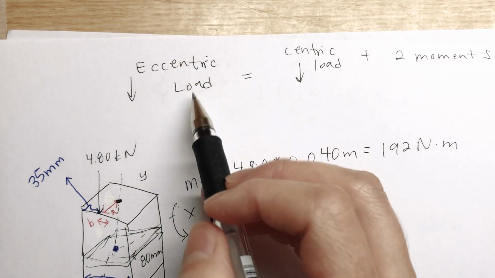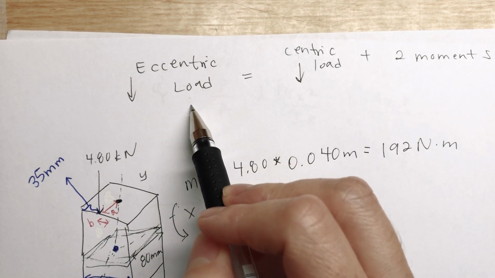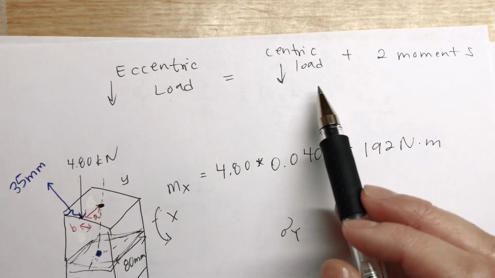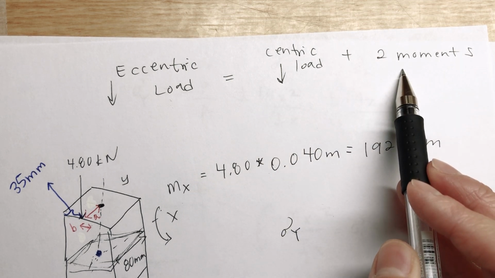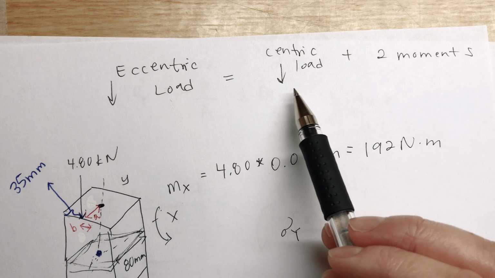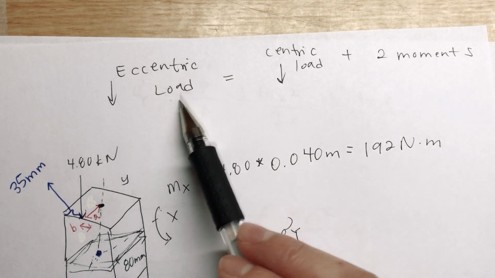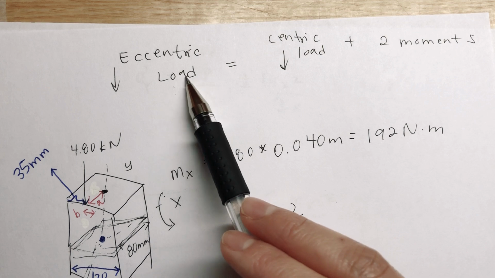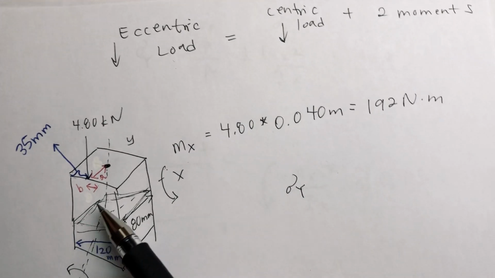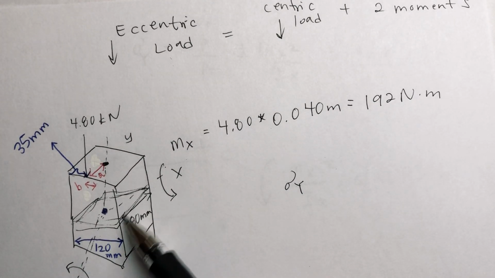We can't really find eccentric load directly on its own, so we know how to find a centric load and a stress from 2 moments. So we can add them together to find the stress that this load is causing at this cross section.